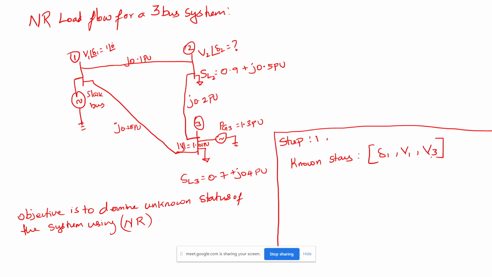What is not known to us? The V3 is not known to us, right? Sorry, it is V2. And V3 is known to us. So V3 is given as 1.01. So what are all the unknowns here?